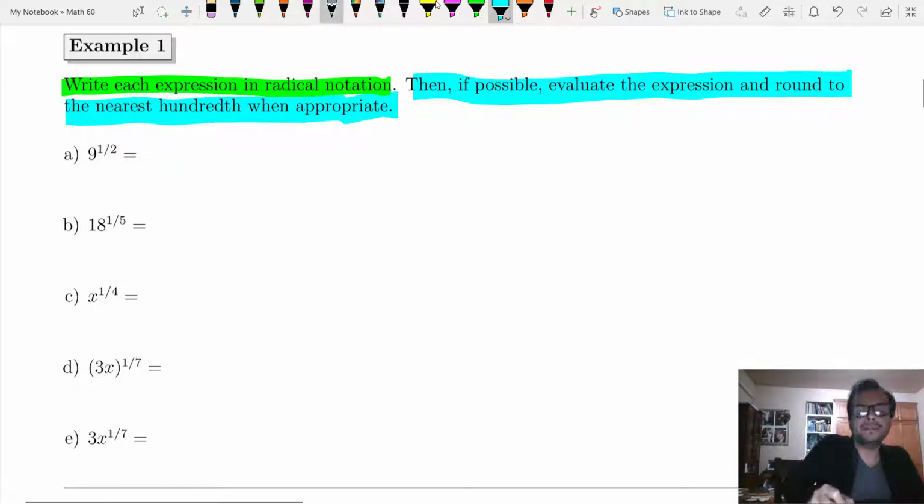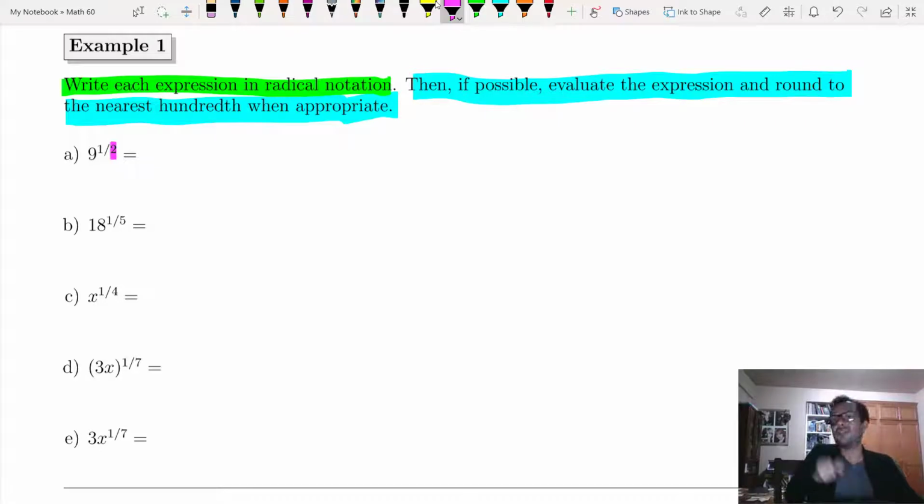All right, in the first example, let's highlight the denominator of the exponent. The exponent is 1/2. It's 9 to the 1/2 power. In this case, the denominator is 2. That means the index of the radical will be 2.